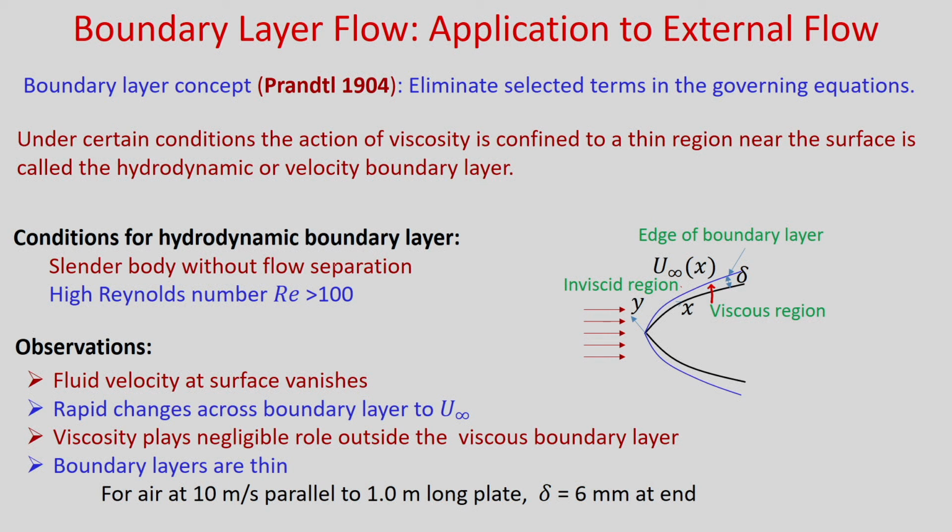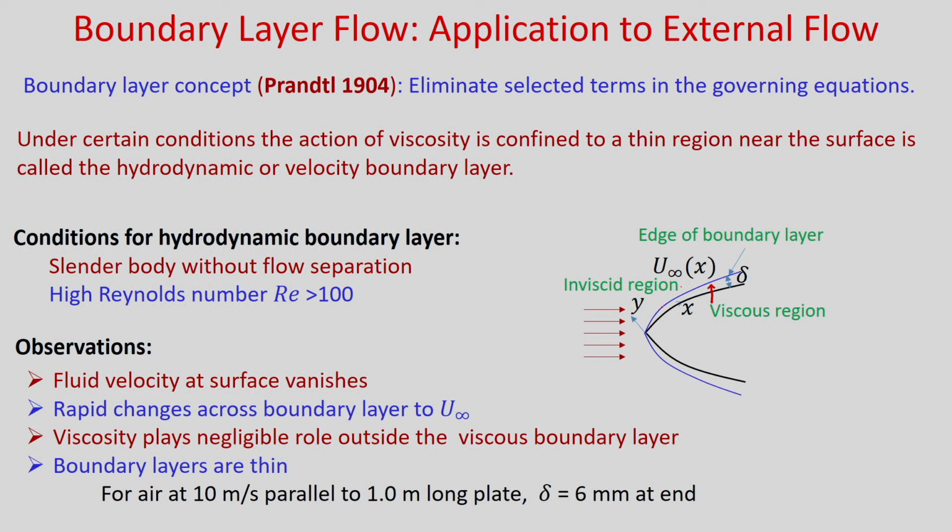So, what are the conditions for hydrodynamic boundary layer? First thing is that slender body without flow separation, and it should be high Reynolds number flow, that means Reynolds number should be greater than 100 or so.